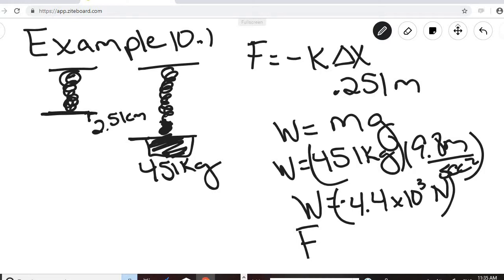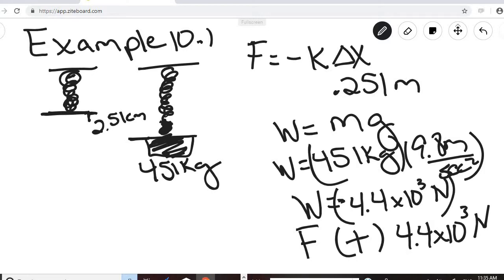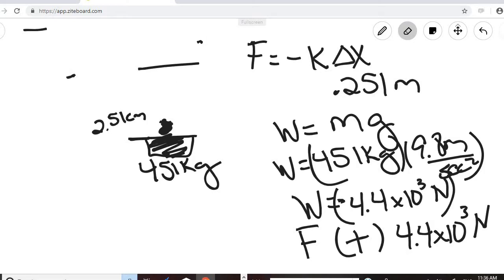So the restoring force is going to be positive, and as we said, it's directly proportional to the force of gravity. So it's going to pull in the opposite direction, and it's going to be equal to 4.4 times 10 cubed newtons.